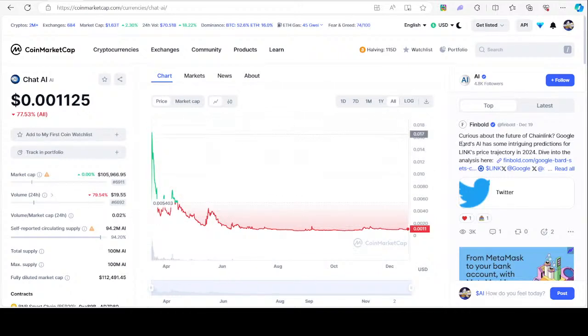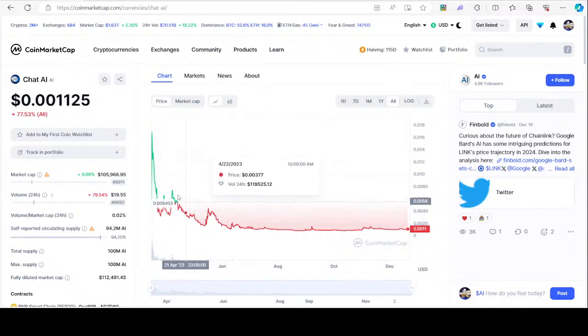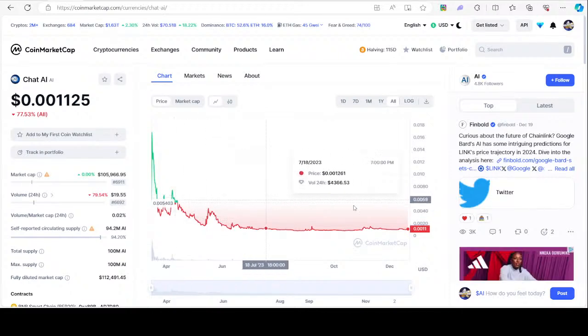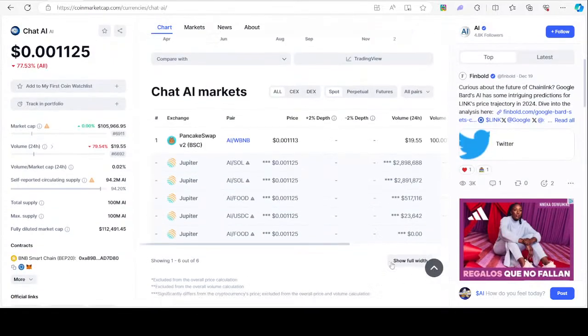If it goes anywhere near what it was looking like earlier, it's not too shabby. Possibilities, man. So put it on the watch list, something you guys can look at. This one's on the Jupiter network, right? Jupiter's pretty interesting, but Pancake is it, so that's what made that interesting.